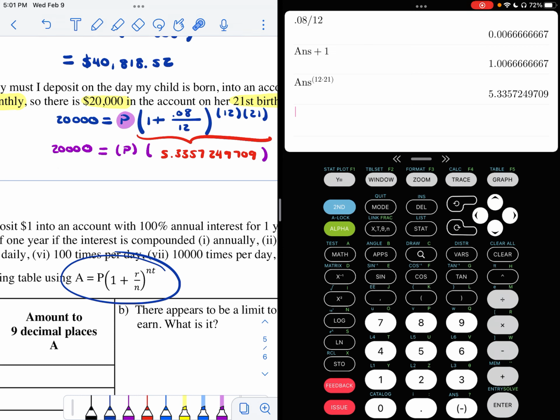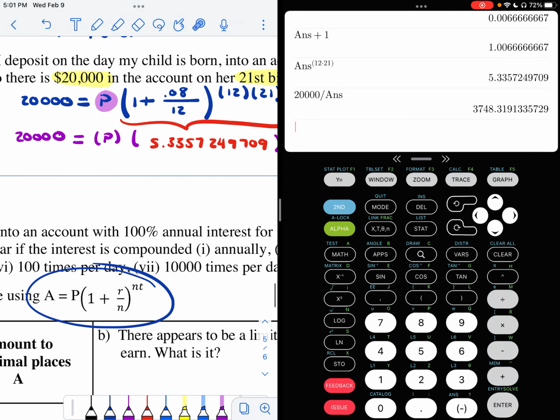So over here, again, I'm going to use my calculator to help keep track of some of these numbers for me. So I'm going to put in the $20,000 divided by, and then instead of typing in that number, if you hit second and then the negative symbol down at the bottom, it again uses that previous answer.